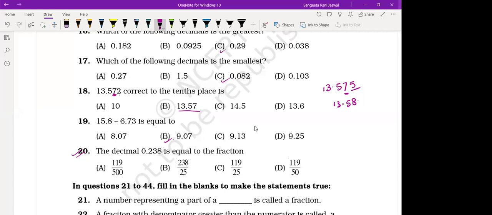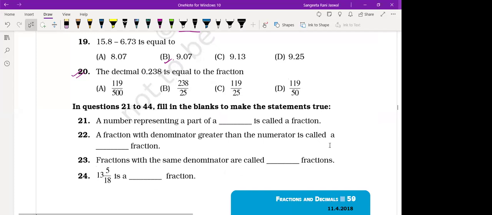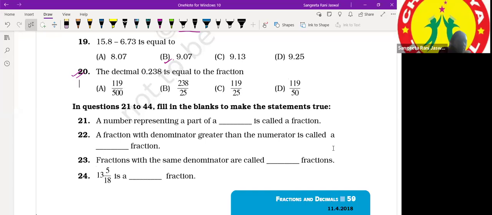Ma'am, A1. Yes, children, is it correct?